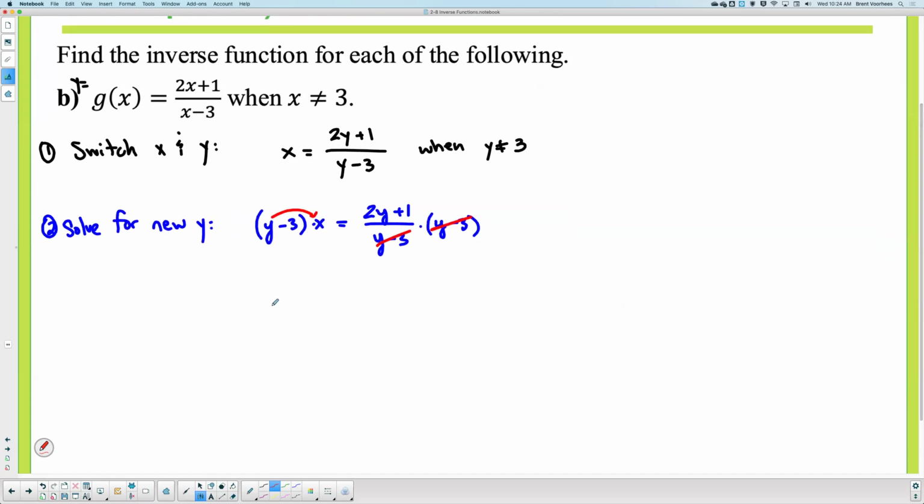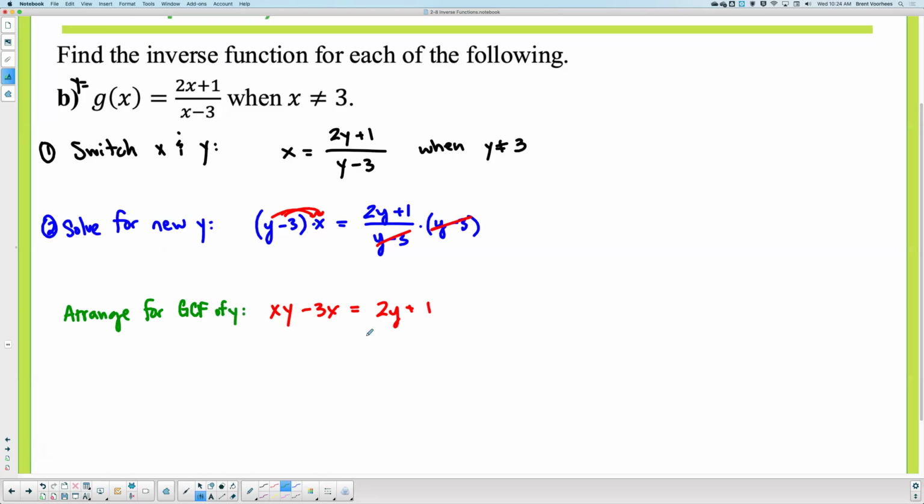I'm going to have an xy. Y times x is the same thing as x times y. And I'm just going to go alphabetical order. And then I have a -3 times x. And that will equal 2y plus 1. And again, now I'm going to arrange for GCF. So I'm going to start arranging for GCF. And the GCF, we need to get our y's together. So it's a GCF of y.